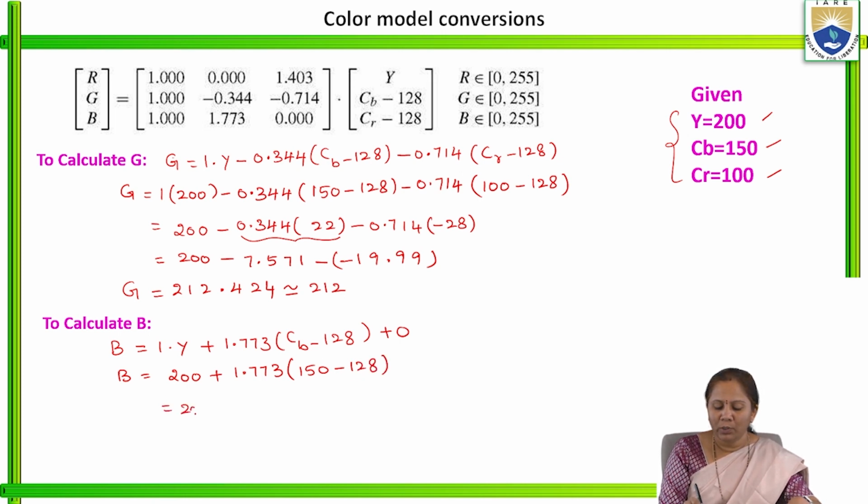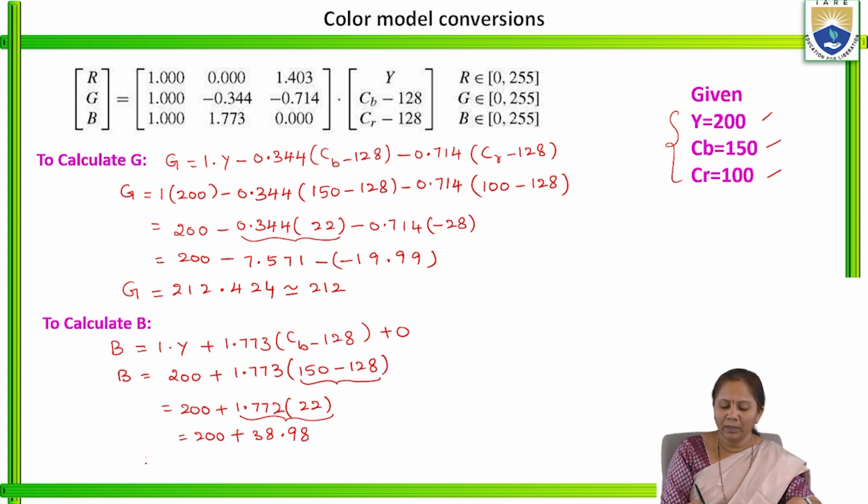Now 200 plus 1.773 times the difference between these two values, which is 22. If you multiply these two terms, the result will be 38.98.